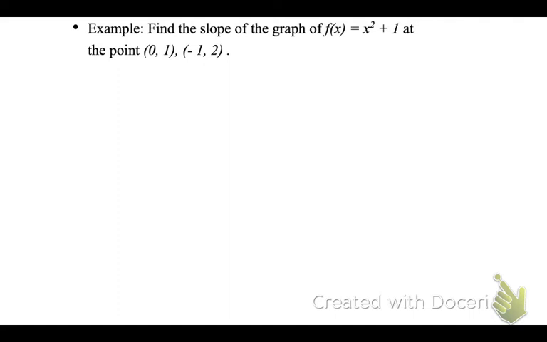So the formula we have again is the limit, and I will keep writing it, and I encourage you to keep writing it until you know it frontwards and backwards. Of what? F of c plus the change of x minus f of c, over the change of x.